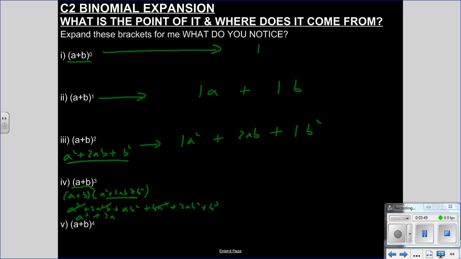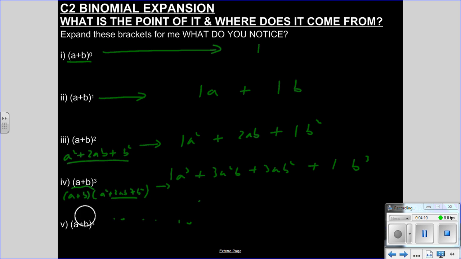So plus 3a squared b plus 3ab squared plus b cubed. So this goes to 1a cubed plus 3 lots of a squared b plus 3 lots of ab squared plus 1 lot of b cubed. And then, if we continue, a plus b to the power of 4.